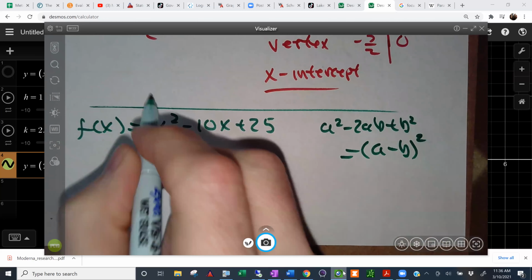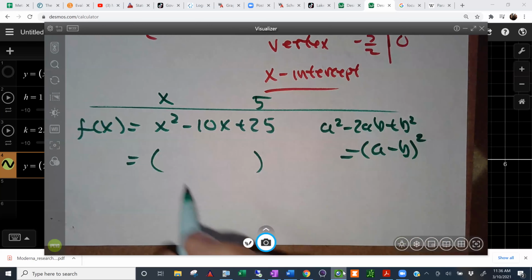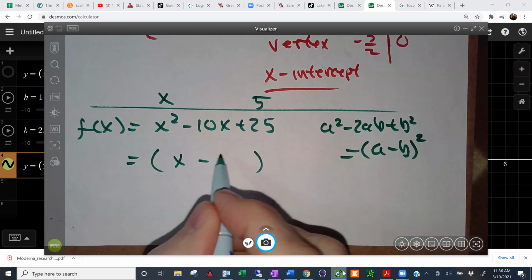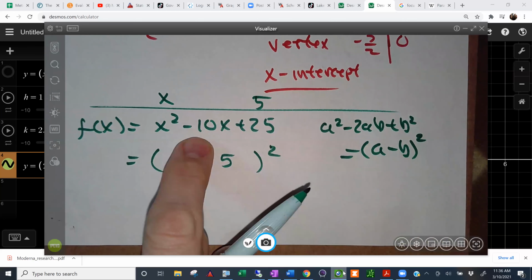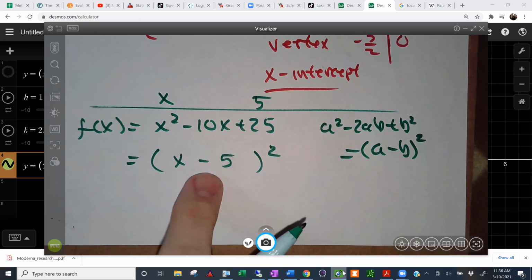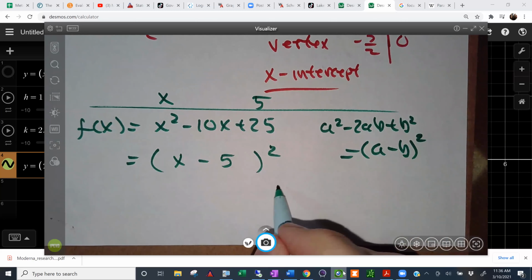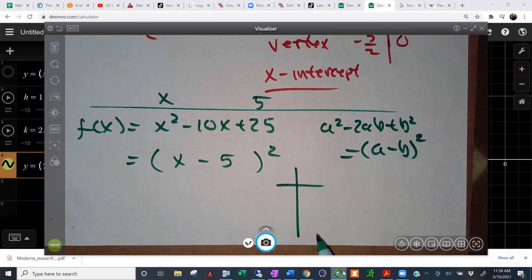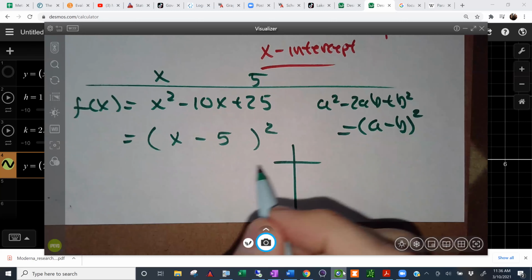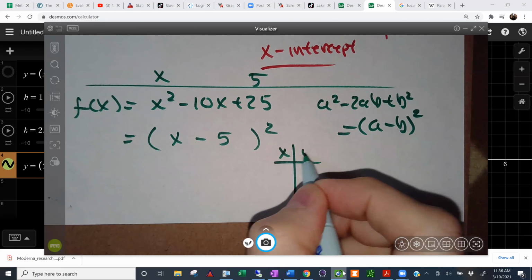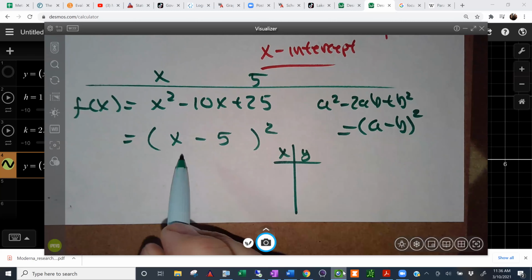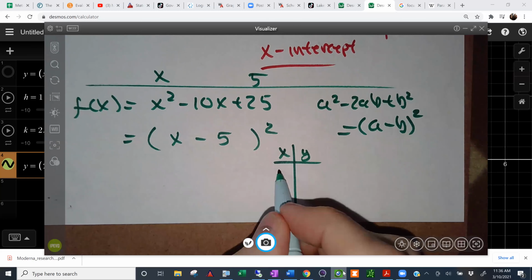You square x and a 5 here, x minus 5 squared is how this one's going to factor. This is already a perfect square. And there's really only going to be 2 points that you're going to be able to see very easily from this, x and y. The vertex is going to be 5 and 0.